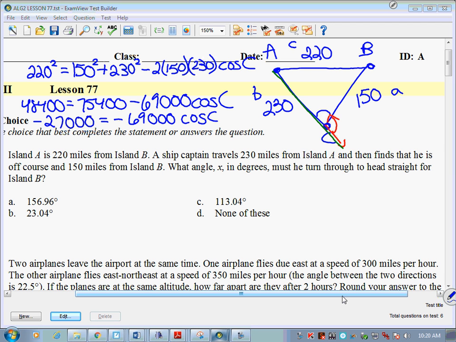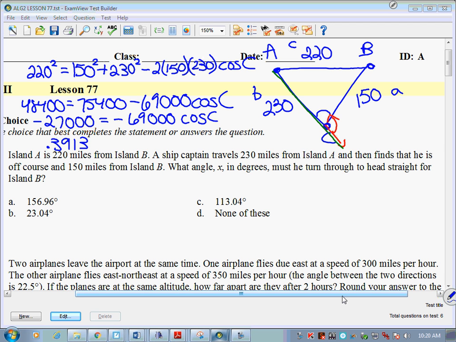All right, so what do I want to do to get negative 69,000 over to the other side? Divide. So what's negative 27,000 divided by negative 69,000? 0.3913, right? Is that correct? Yes?